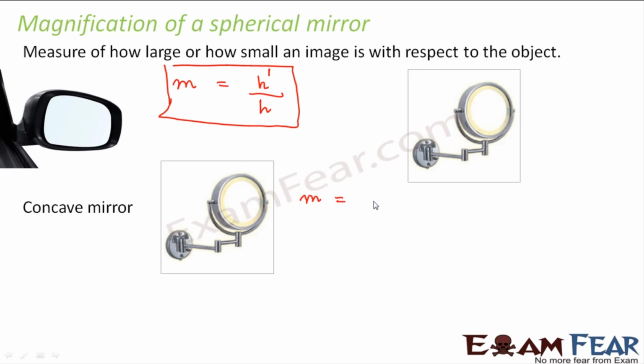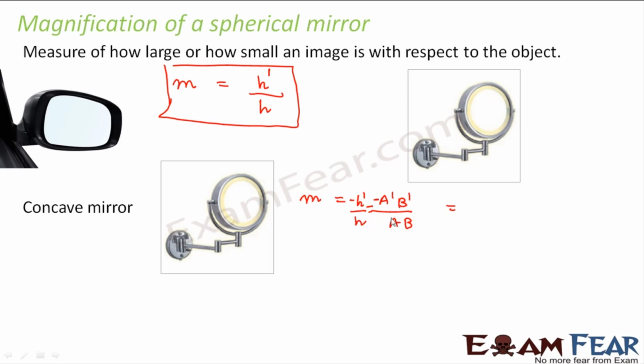In a concave mirror, your magnification would be A dash B dash divided by AB. So in a concave mirror, most of the times you get real and inverted images. That means your magnification is most of the times negative, because h dash is negative. It is an inverted image, so h dash will be negative.